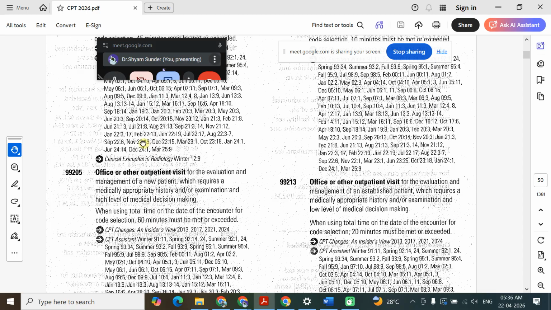Now 205. What is 205? MDM is high level, and time is also increasing, 60 minutes. So 99205 is like a life-threatening situation.